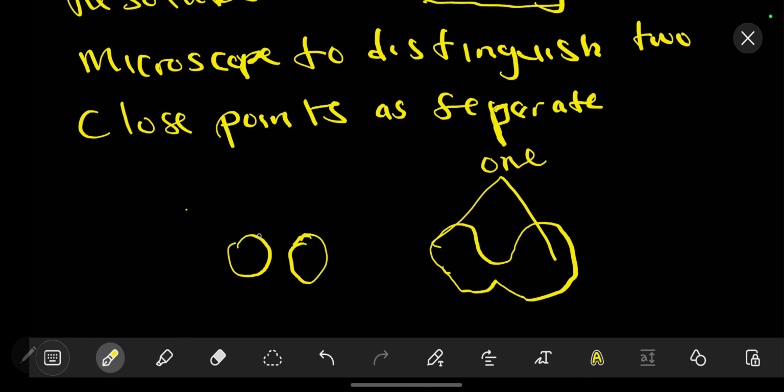So resolution is the ability of a microscope to distinguish 2 points as separate. So if 2 points are seen to be separate under a microscope, that means you are looking at your resolution there. So it is the minimum distance where you can see 2 very close points to be separate.